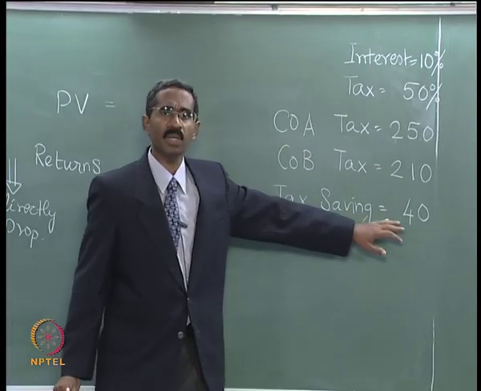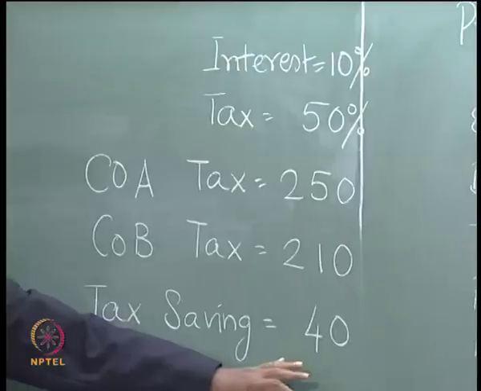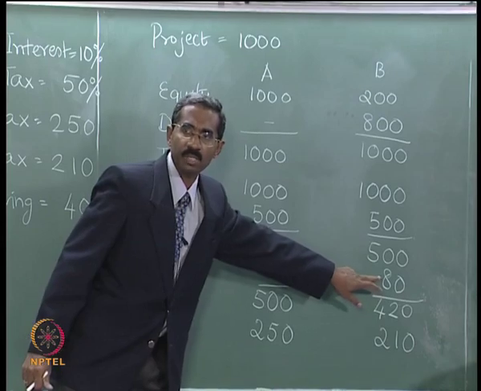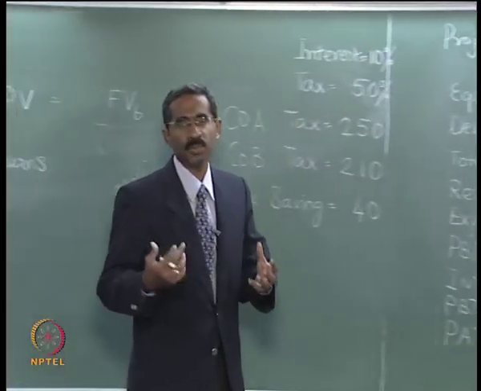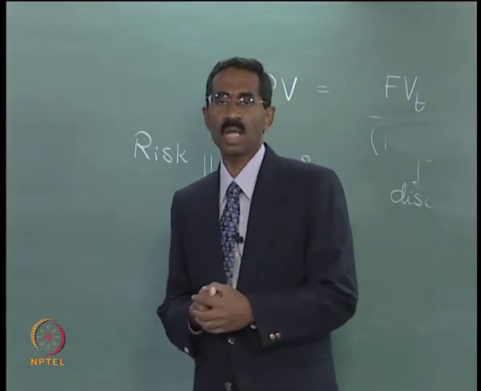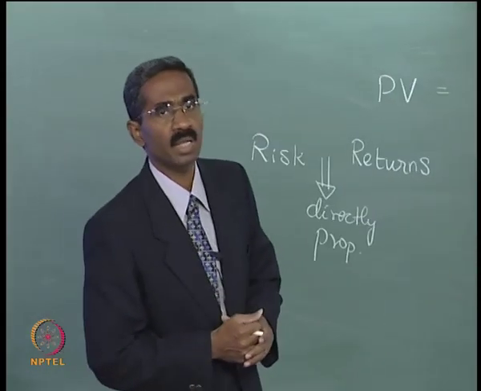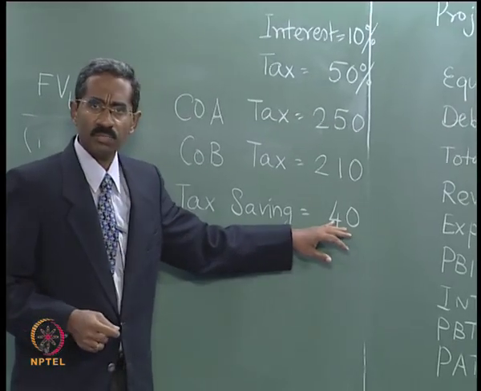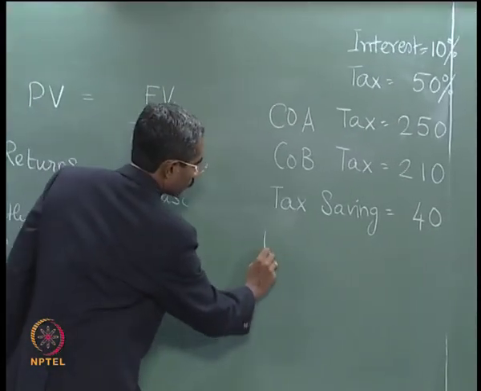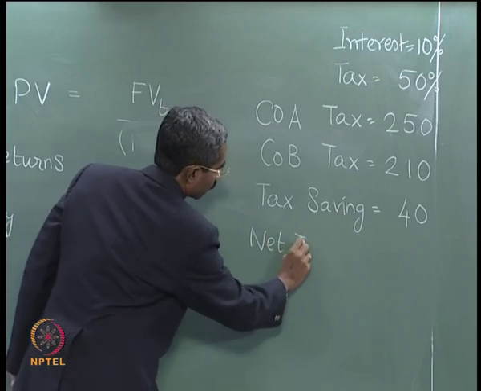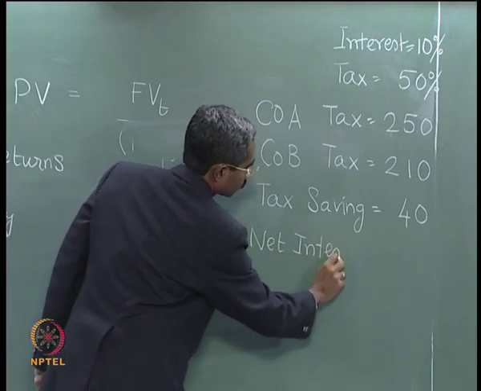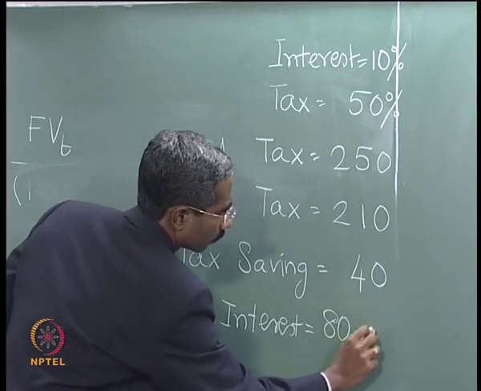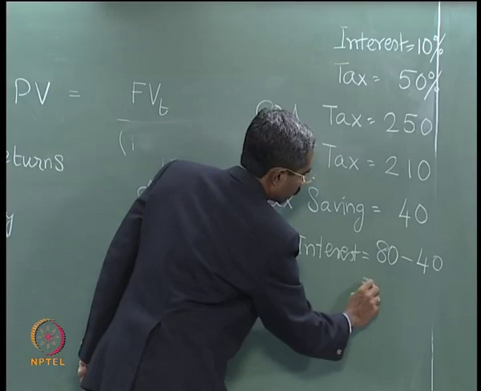Why has this tax saving happened? The tax saving has simply happened because the company has paid an interest of 80, and this interest payment reduces the amount of tax that the company has paid. Because of this tax saving of 40, the net interest that the company has paid is 80 minus 40.